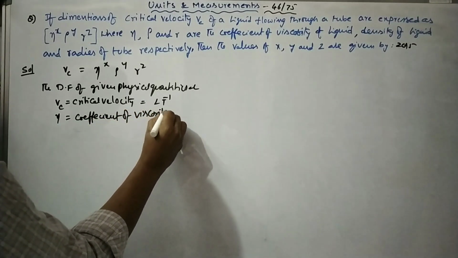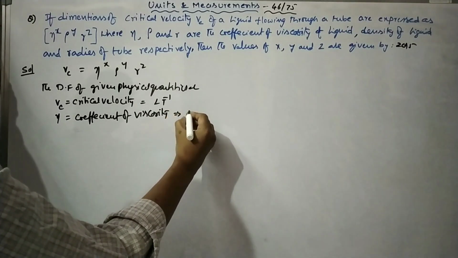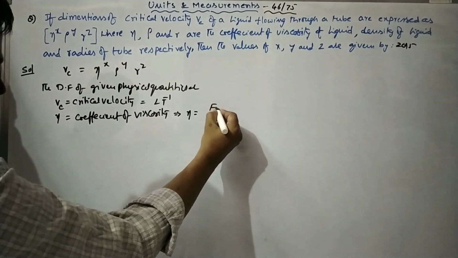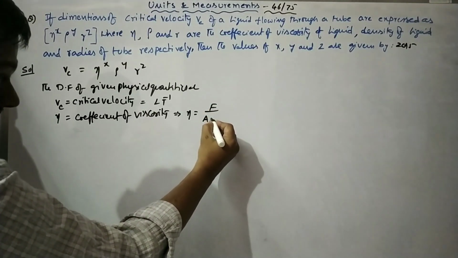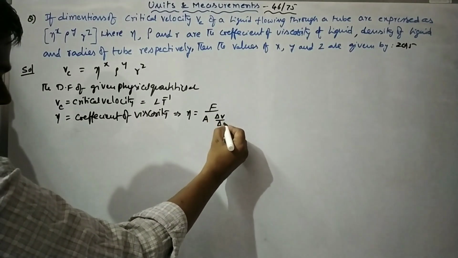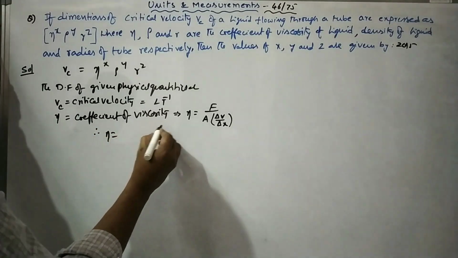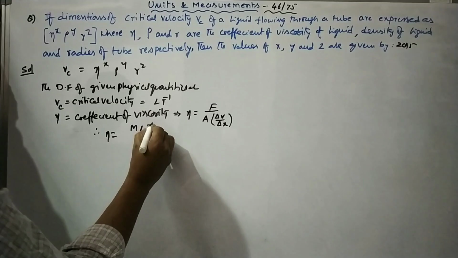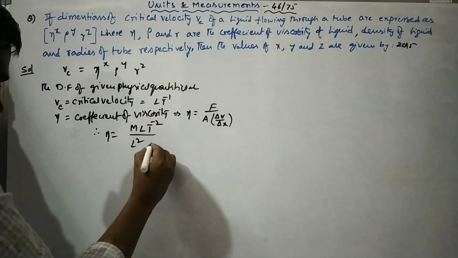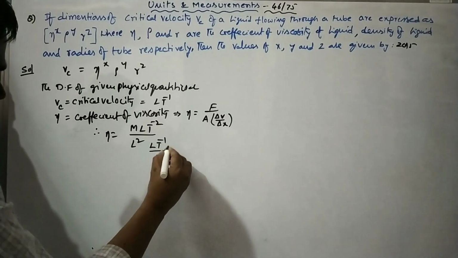From Newton's law of viscous force, the coefficient of viscosity is equal to force by area, into velocity gradient delta v by delta x. Therefore eta is equal to F, which is m L t power minus 2, by L square for area, divided by velocity L t power minus 1 by length.